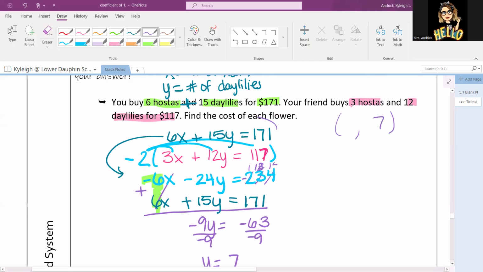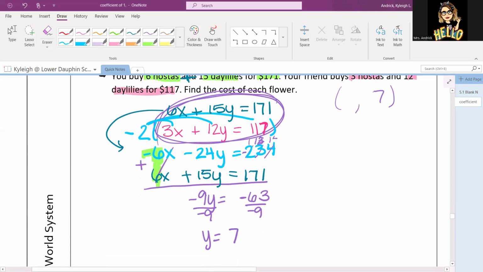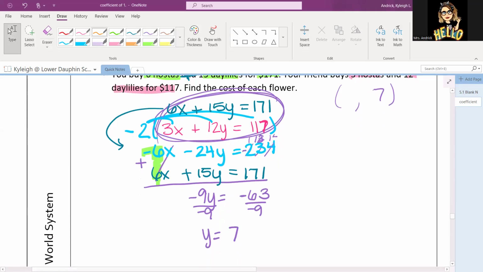We plug it into one of the original two, your choice. I'm going to go with the lower one because it's smaller numbers. So I'm plugging it into 3x plus 12y equals 117. I'm plugging 7 in for y. So I'm going to replace y with 7.